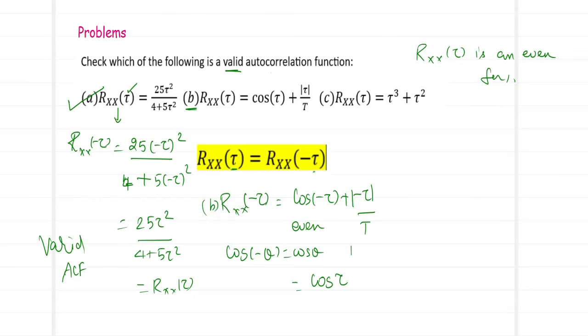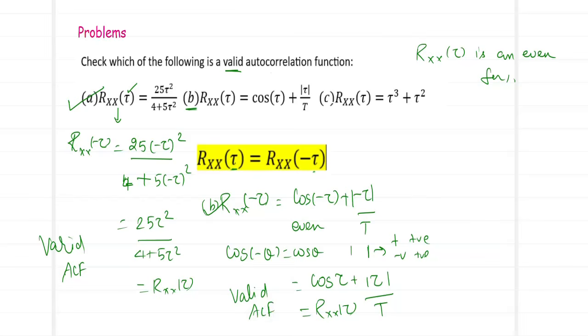Modulus converts a positive as positive and a negative also as positive. So anything inside modulus gives me the positive data. So you will have divided by t, which is the same as my Rxx of tau. So the second one is also a valid autocorrelation function.